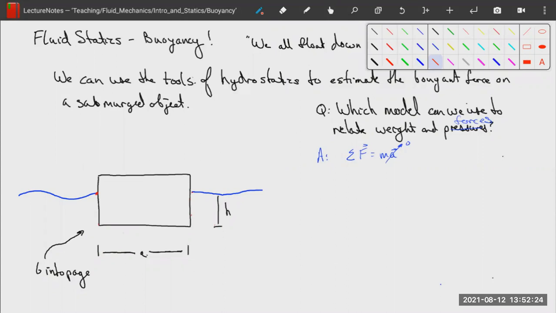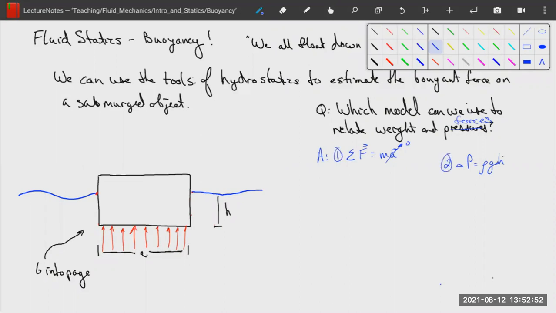It's going to be a uniform distribution of pressure. And we know how to calculate that pressure because that pressure is just equal to rho gh. So P is equal to rho gh, delta P is equal to rho g delta h. We'll call this equation 1 and this equation 2.